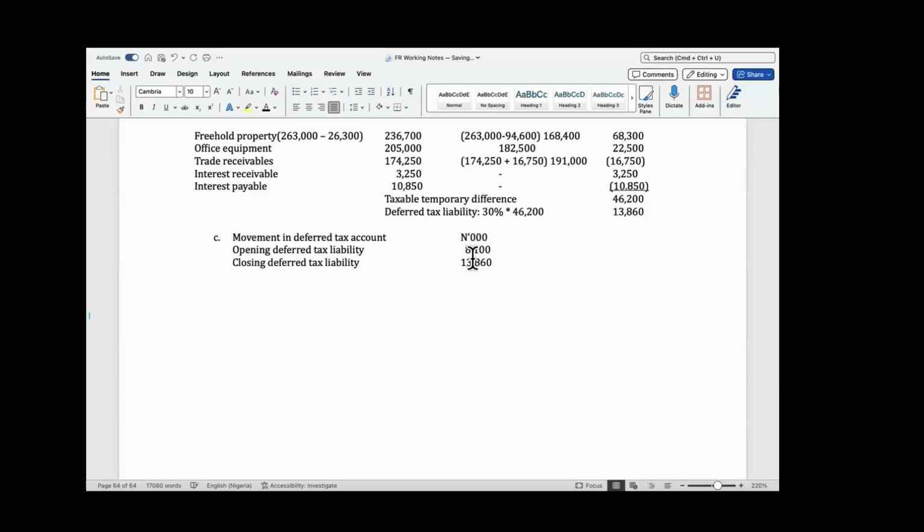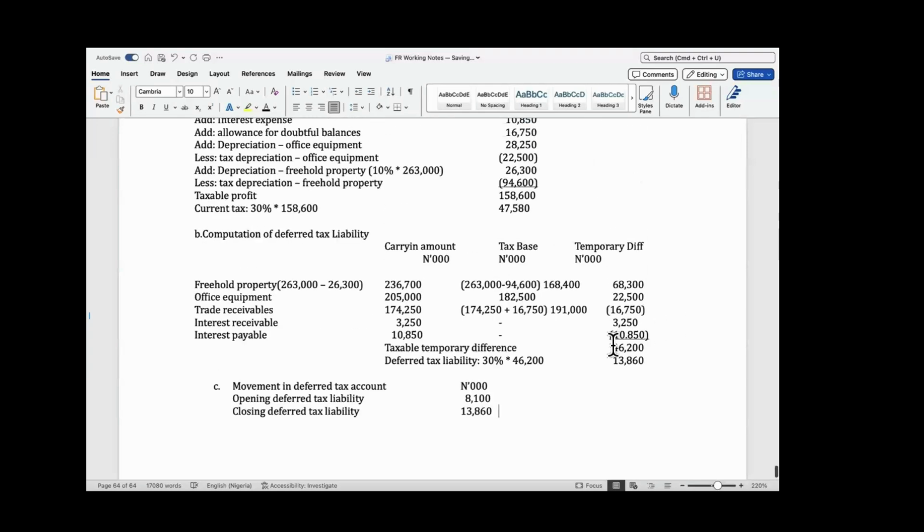Can we check that taxable temporary difference? Like the total. The exact is 66,450. Yes, thank you. So what will be the deferred tax liability? 19,935. So that 46,200, you change it.